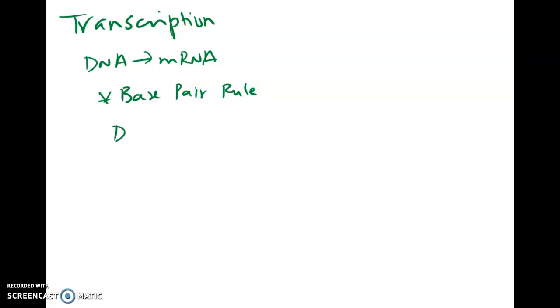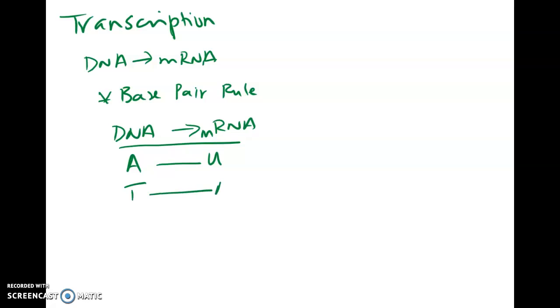And then the way that I set it up is that I have DNA on one side, and then I have my arrow, and then have RNA on the other side, or mRNA.